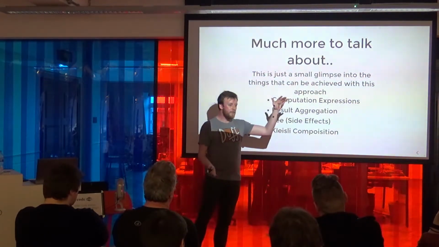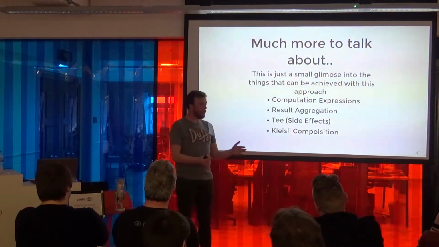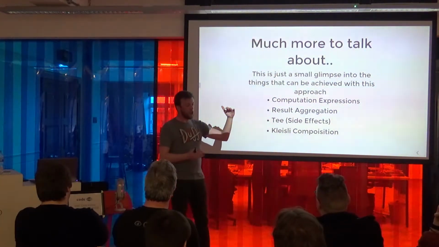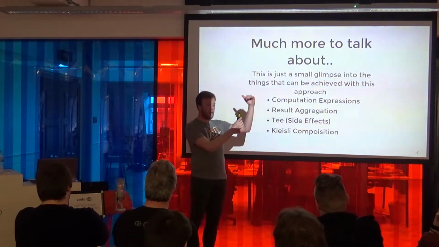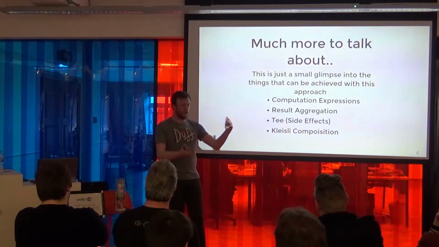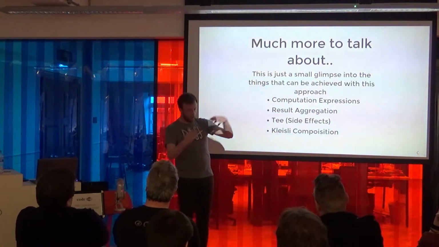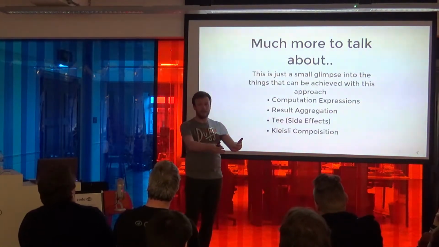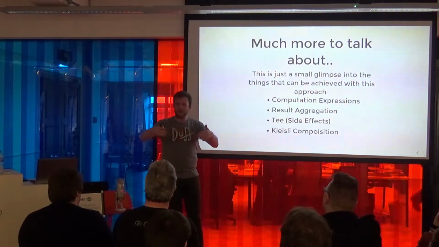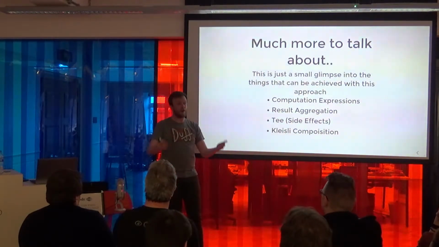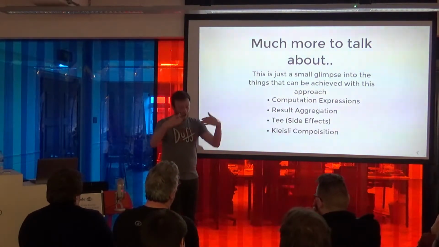Result aggregation: I have two errors, how do I add them together? That is obviously an important problem. If you're working on a validation pipeline, you don't want a set of cases where I have fail, fail, fail, fail, and then a pipeline pass through. Sometimes you want to evaluate a whole object and get all of its errors, bundle them together, and send them back to the client, especially in an environment like a web form, where retaining all of those errors is very important, because you don't want the user to constantly fight against fixing one error and another error appearing.